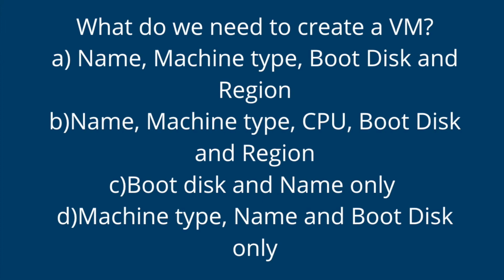So by now, I hope you have answered the question and we can work through the options. So we've previously said that you definitely need a name, which is why it's an option on all A, B, C, and D. So we can be sure of that.